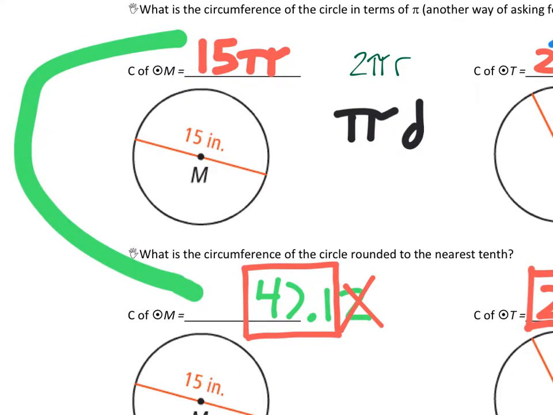The 15 pi, though, is that exact value. 47.1 is rounded. We lost some value there in our decimal, which is a very small number, but it's often nice to work with exact numbers like 15 pi, especially later in the year when we'll be taking our answers and then doing more things with them.